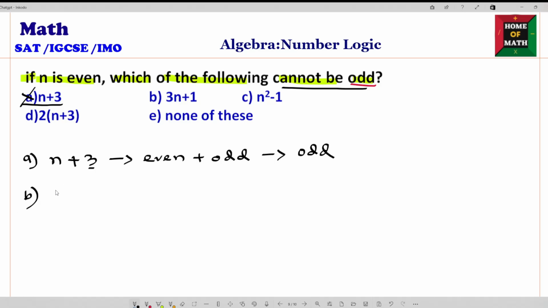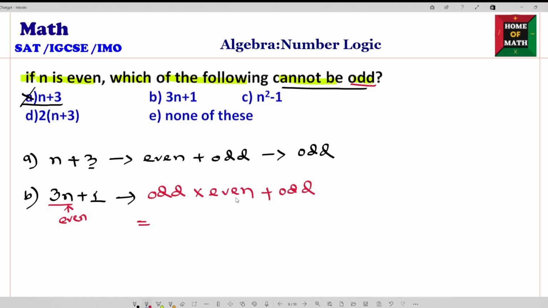Option B, 3n plus 1. Look, 3n, what does it mean? It means odd times even, right? Because n is an even number, plus 1 is an odd number. So what will it become now?